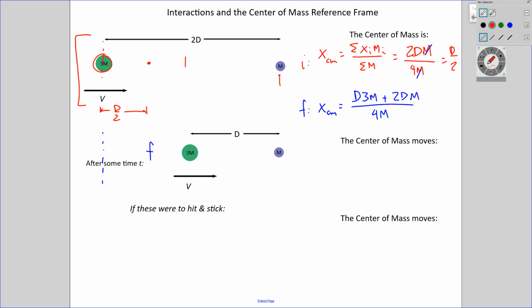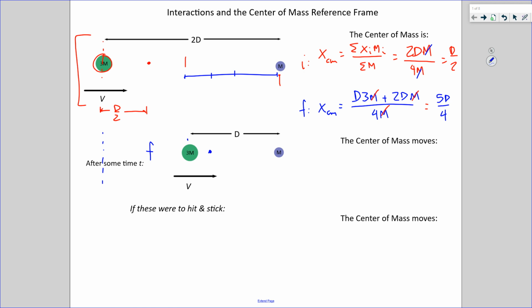We've got a common m factor in all those, so that's 5d over 4. All right, 5d over 4 is a quarter past, so if this is d, there's a half d, there's a quarter of d, and once again, this is a quarter d, and this is 3/4 d, so yeah, the position of the center of mass is 3 times closer to the object that's 3 times as massive.